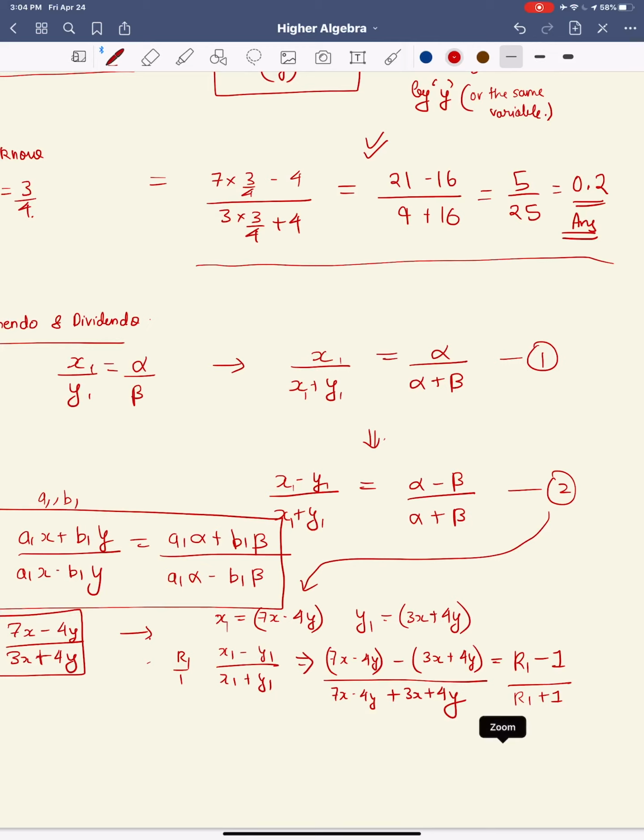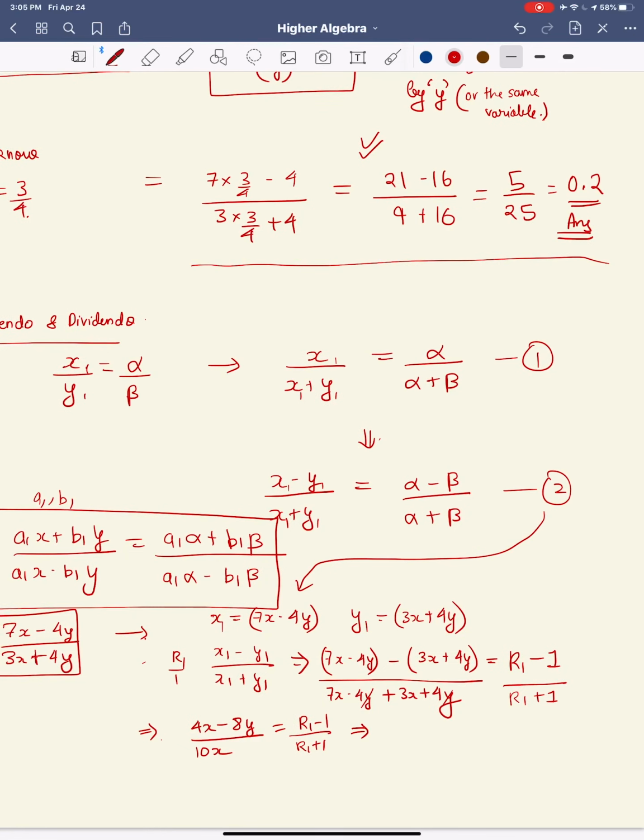So if we see this carefully and solve it, we get 4x minus 8y over 10x, because this 4y and 4y cancel out, and this becomes r1 minus 1 over r1 plus 1.